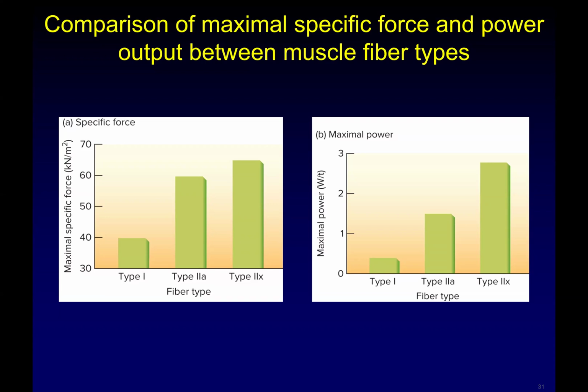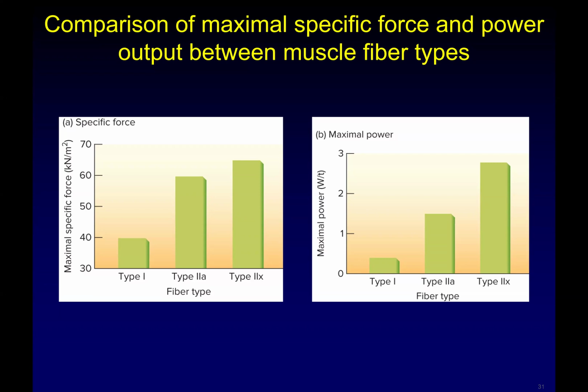Now, the left one talks about something called specific force. And you're like, what is that? Specific force is take how big the fiber is, take how much force that fiber can generate, and divide those two by each other. Okay, how much force are we getting per size of the fiber?